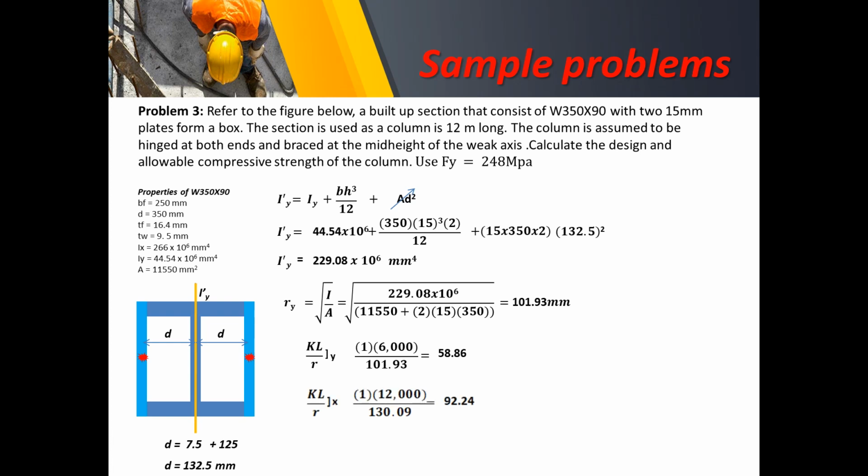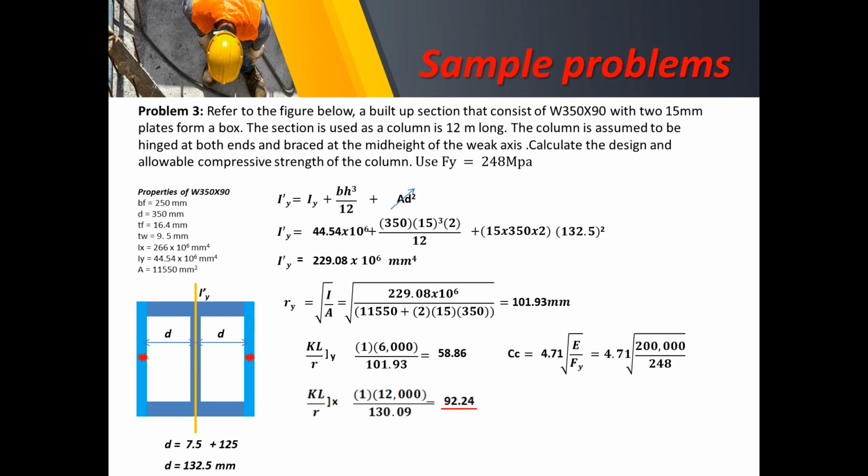So we have 58.86 for the y slenderness ratio, and a while ago we have 92.24. Between the two, of course, we're going to consider the larger value, 92.24, and this larger value will now be compared to our critical slenderness ratio, 4.71 square root of E all over Fy.